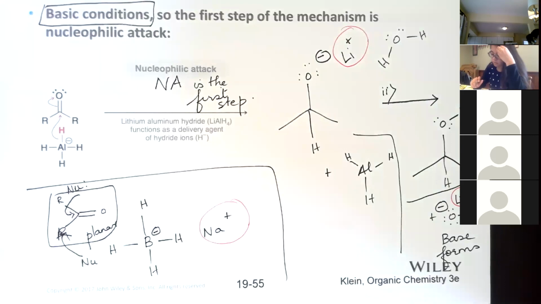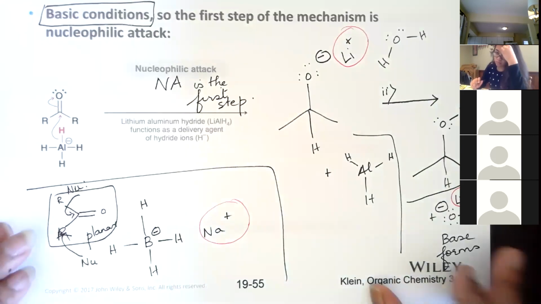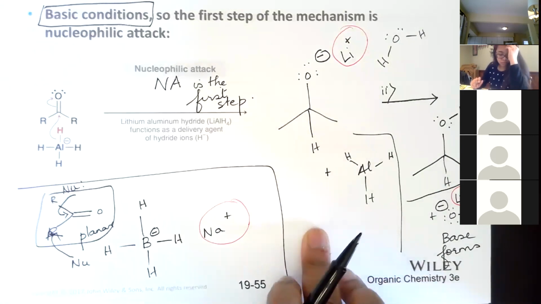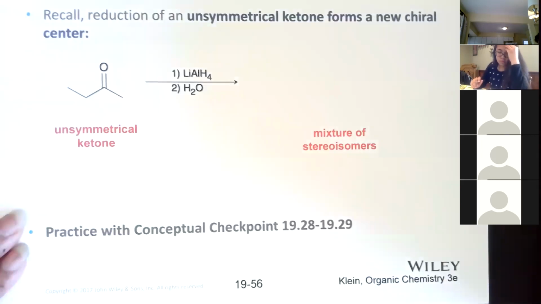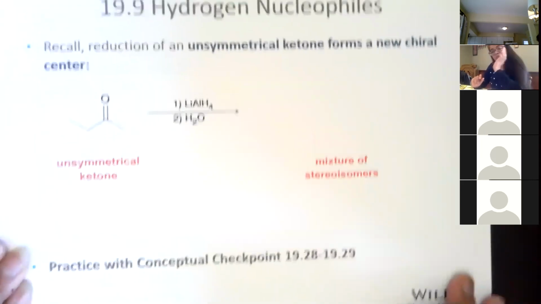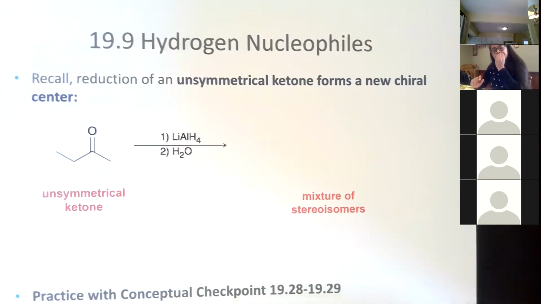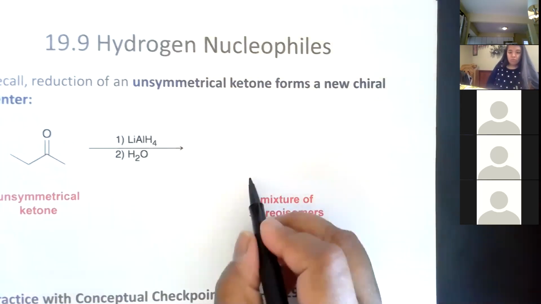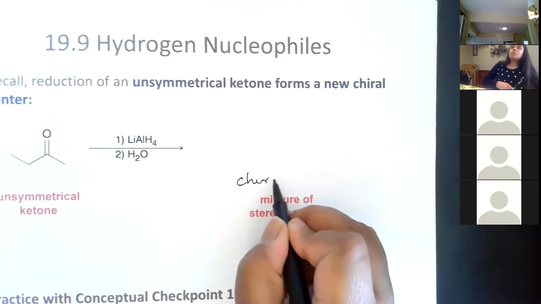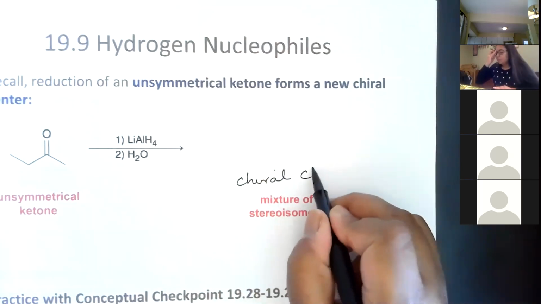Why am I talking about that? So if you have an unsymmetrical ketone, then you have a chiral compound formed.